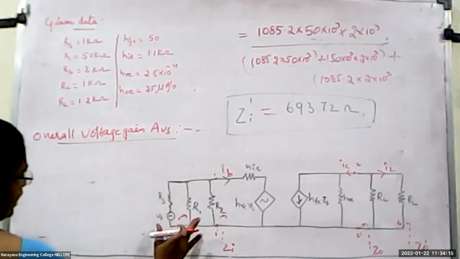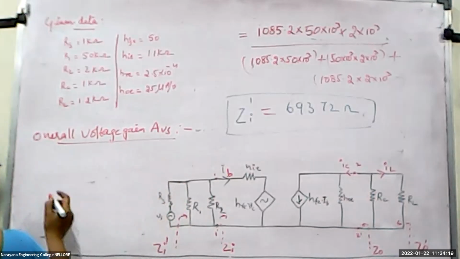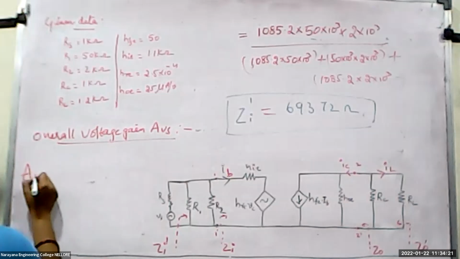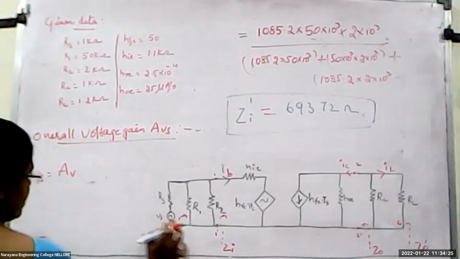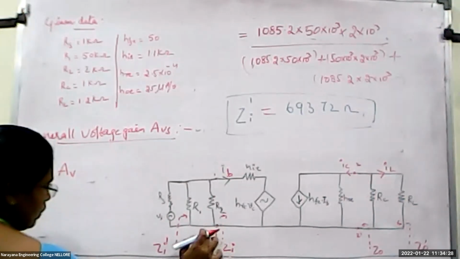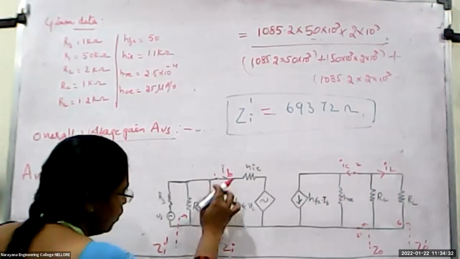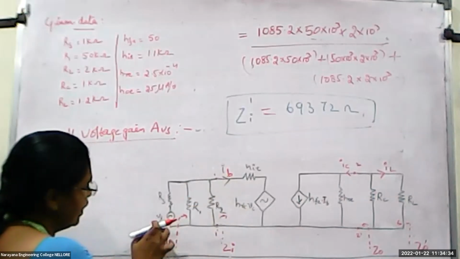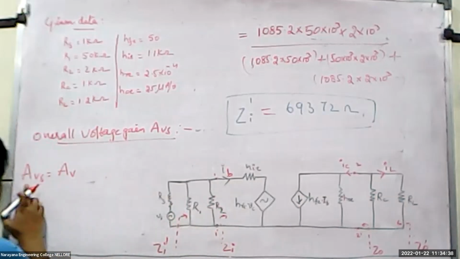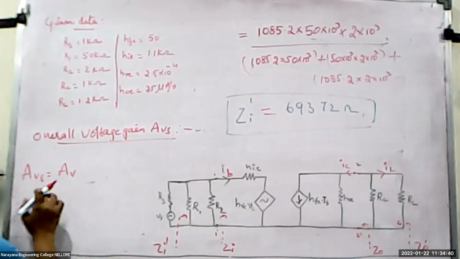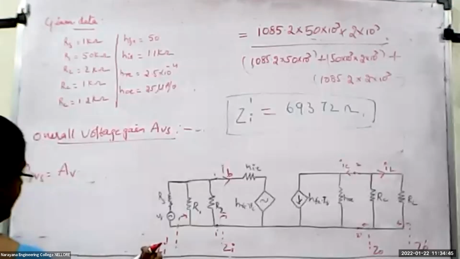So you are calculating including this VS also, the voltage source. You can write AVS is equal to the voltage gain AV that is appearing at port 2. Now we are including this voltage source and R1 and R2. That is the overall voltage gain. So you can get AV into ZI dash.